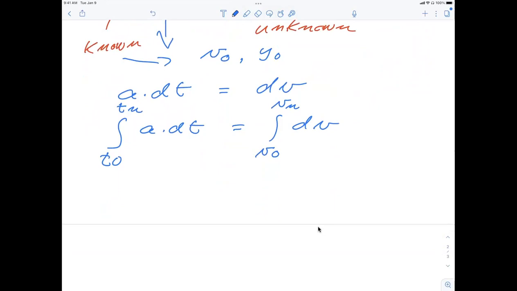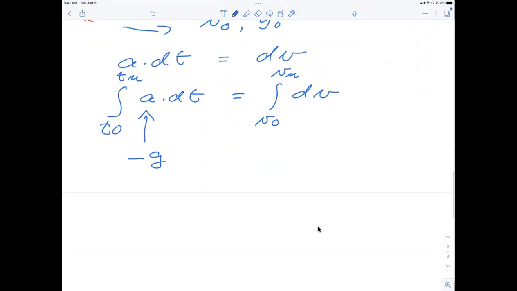But what we can do now is simply let this. When we integrate up here, since the acceleration in this case is just minus g, so just a constant, what we got when we integrated up is minus g times tn minus t0, and on the right hand side we have vn minus v0.